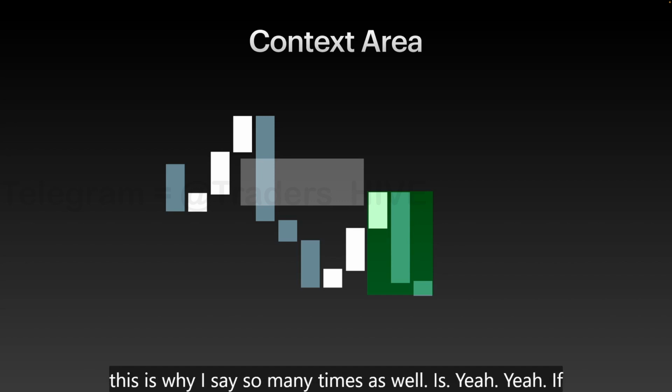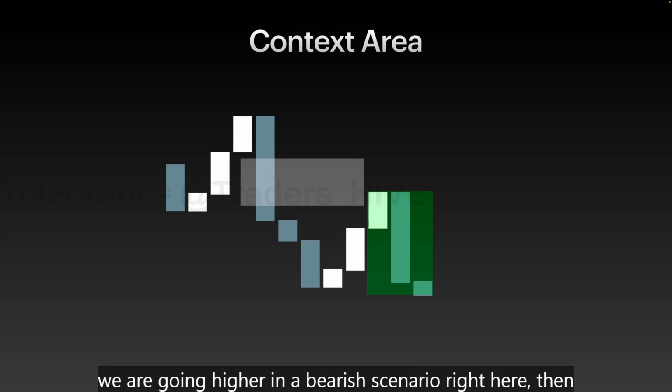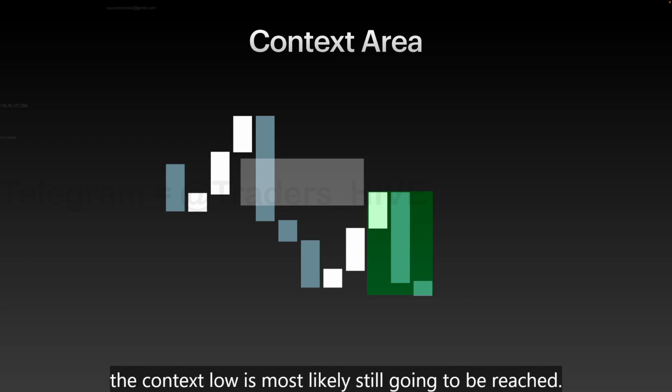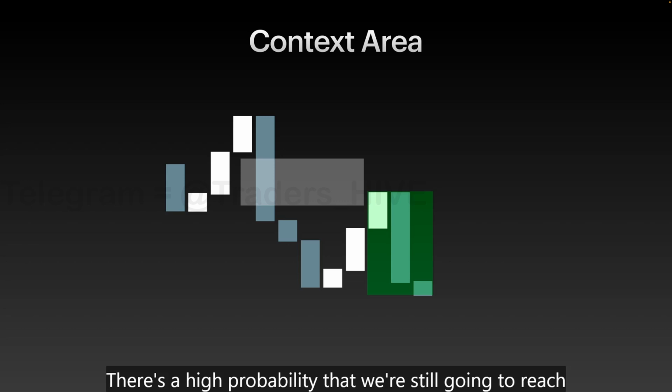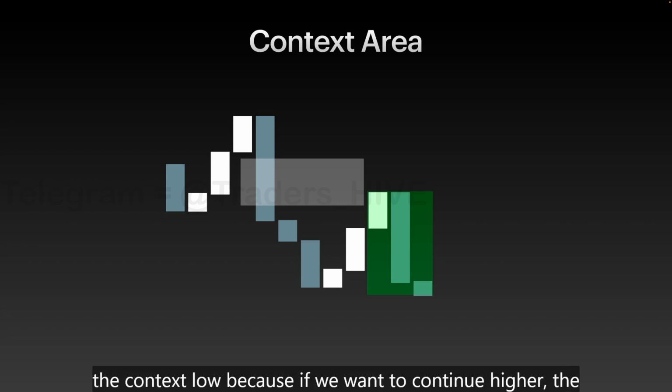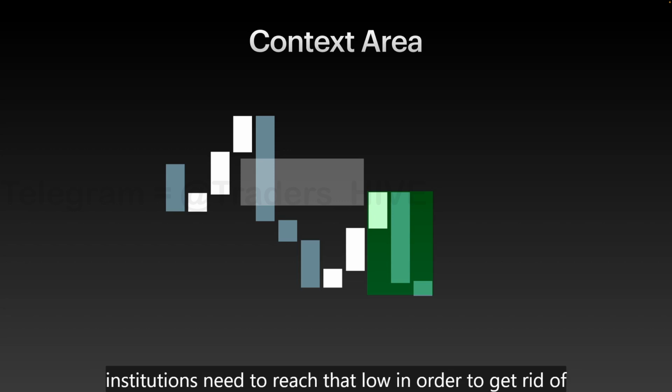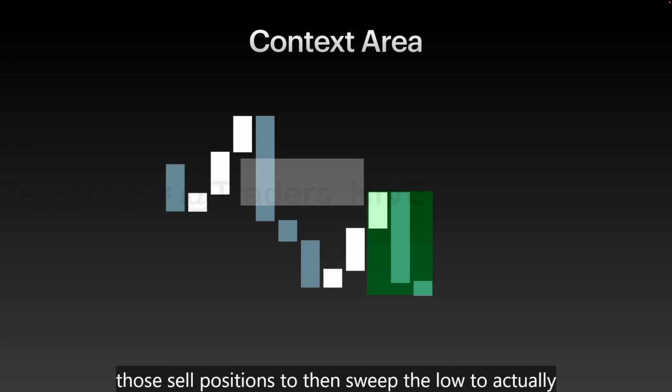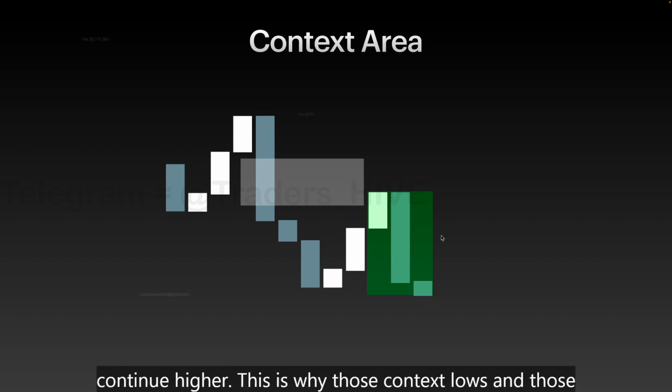And this is why I say so many times that if we are going higher in a bearish scenario, then the context low is most likely still going to be reached. There's a high probability that we're still going to reach the context low, because if we want to continue higher, the institutions need to reach that low in order to get rid of those sell positions, to then sweep the low to actually continue higher.